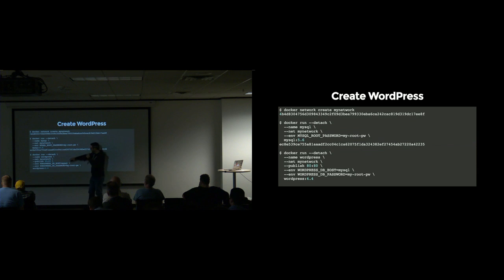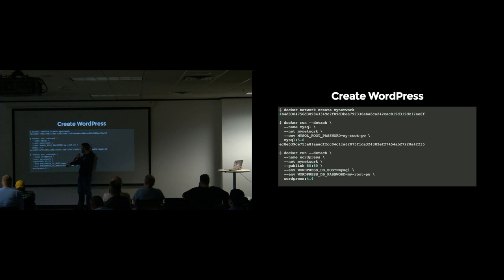Again, a name, attach it to the network. This time we're publishing port 80, so we're exposing that port on wherever this container landed on one of the nodes in our cluster. And this is an interesting bit here: we're passing in the name of the container that we ran before.